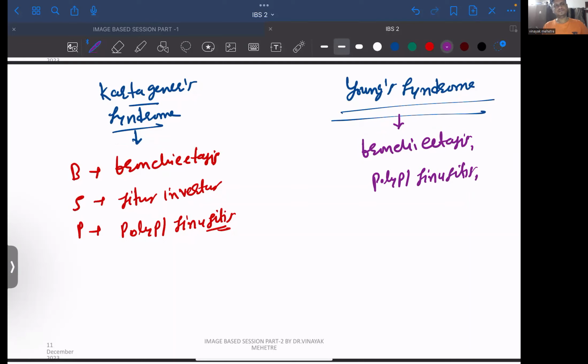Technically, infertility, I will make it more clear. साइटस इन्वर्टस भी है और डिसमोबिलिटी इन सीलिया. सीलिया में डिसमोबिलिटी है, सो इसके अंदर एक्चुअली there is going to be infertility, but in Young syndrome it is not going to be technically infertility.